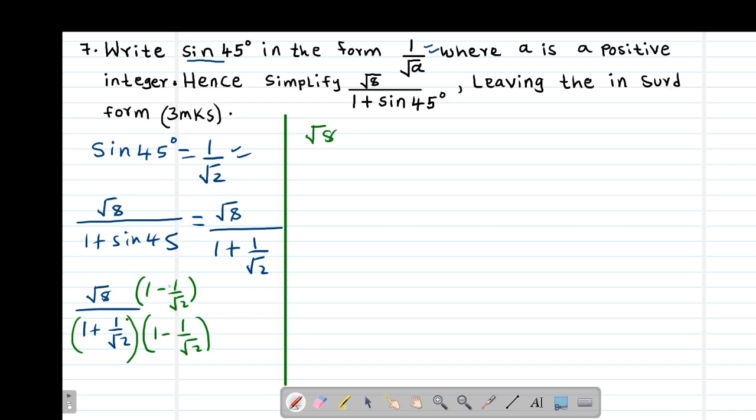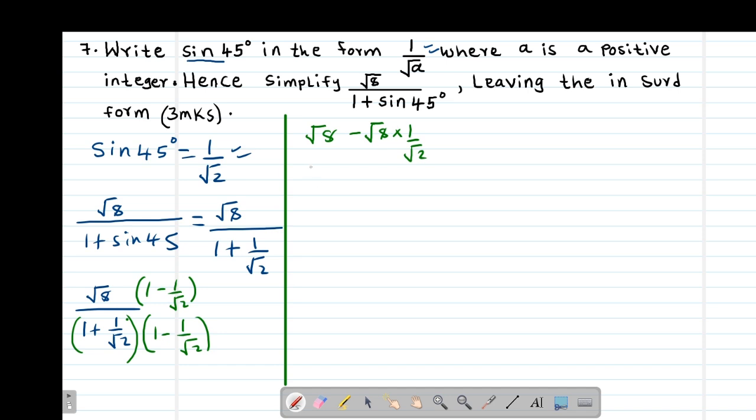Then root 8 times negative 1 over root 2: negative times positive gives negative, so this will be negative the root of 8 times 1 over the root of 2.